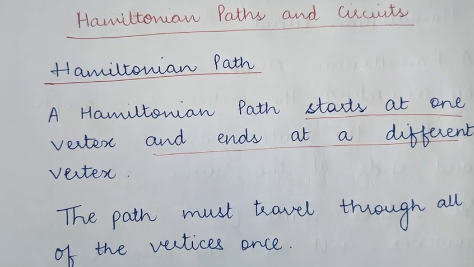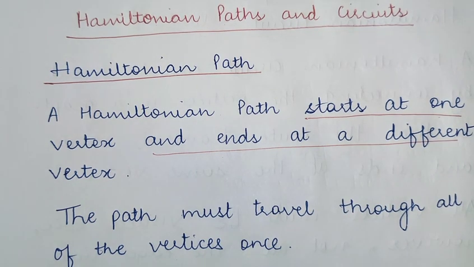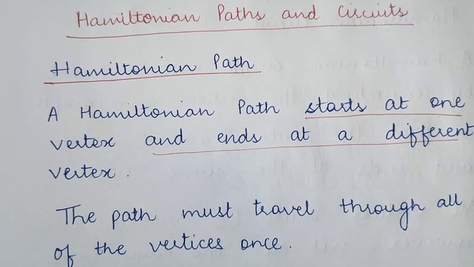That means if you are looking for a Hamiltonian path, the initial and final vertices, which you also call the terminal vertices, must be different. Such a path which has a different starting vertex and a different ending vertex can be thought of as having a Hamiltonian path. So the first condition is different terminal vertices.